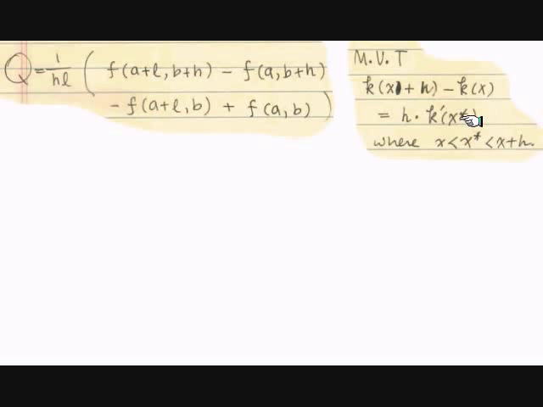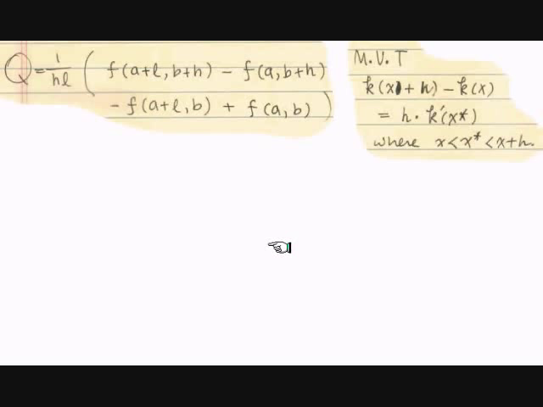There's this mysterious value that makes these two things not only approximately equal, but exactly equal, and that's the power of the mean value theorem. This can be viewed as a linear approximation, or if you sketch it, there are many different ways to understand this theorem.